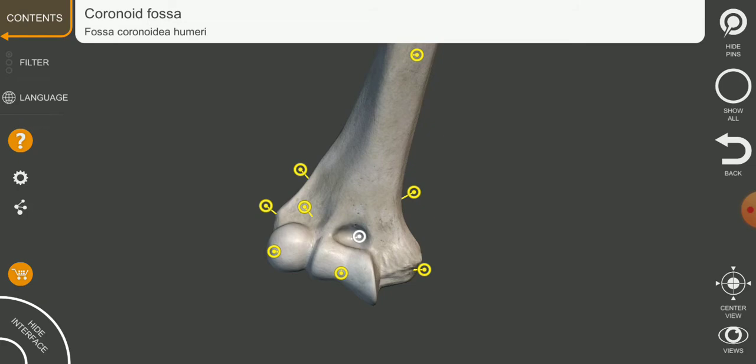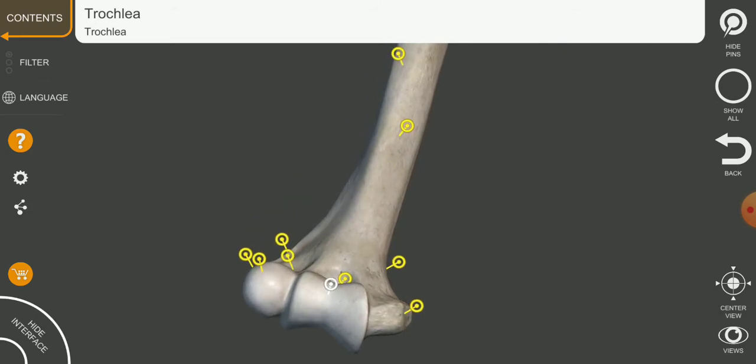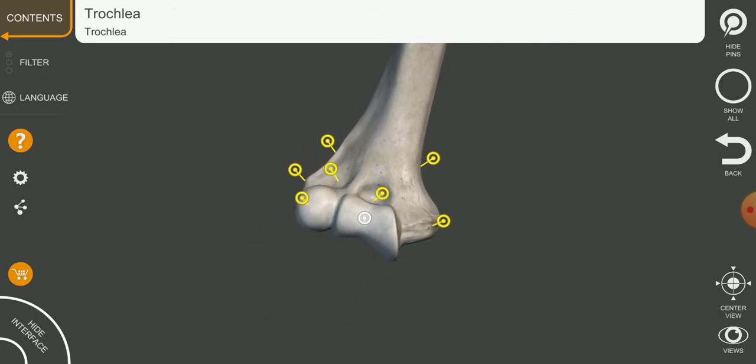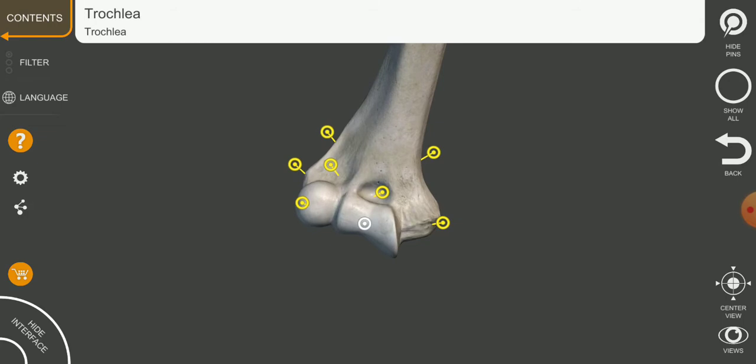Below the coronoid fossa we have the trochlea, and this is the articulating surface for the ulna, and it has the process, that is the acromion process.